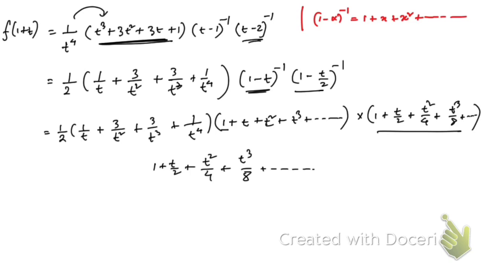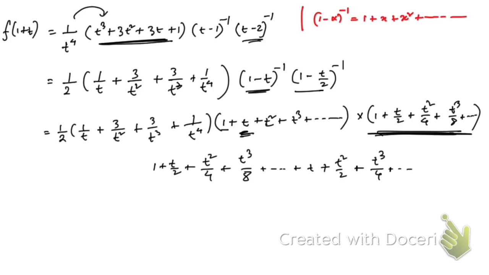Okay, then multiply this by this t, right? If you multiply this by t, then you're going to have t plus t square by 2, then plus t cube by 4 plus dot. We don't need to get the t to the power 4 terms.